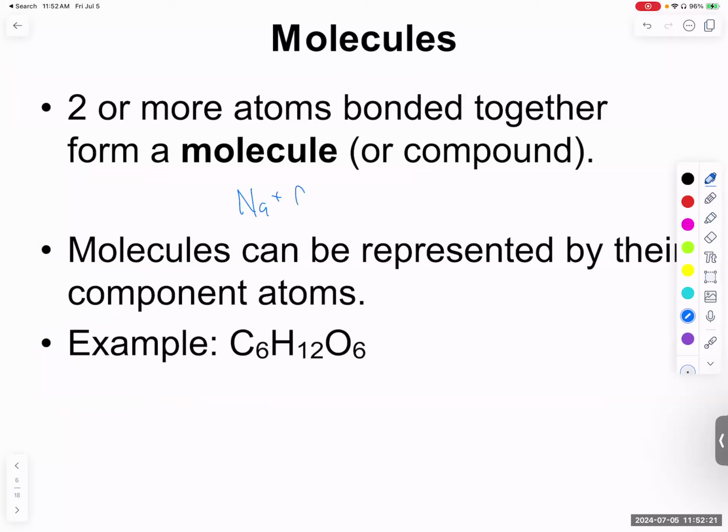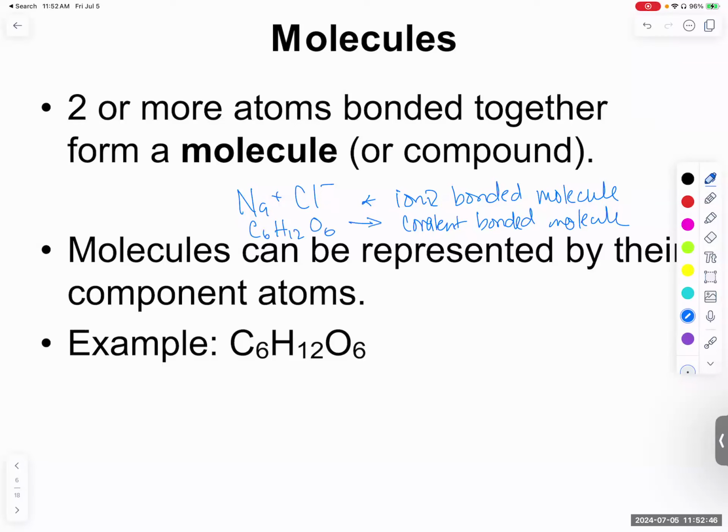So again, we have sodium chloride. This would be an ionic bonded molecule. But you can also have covalently bonded, like glucose. So glucose would be C6H12O6. So that would be covalently bonded. Oh, I got it down here. There you go. That's glucose. What does it mean?